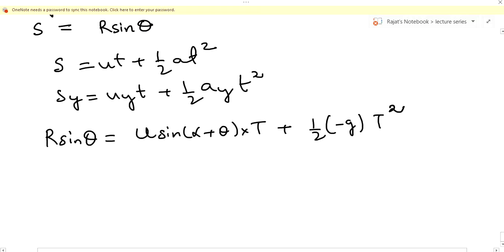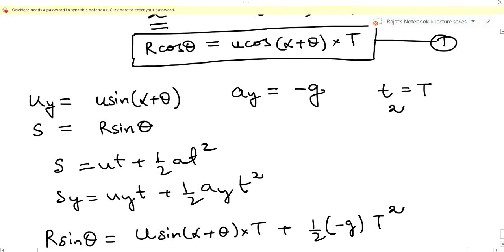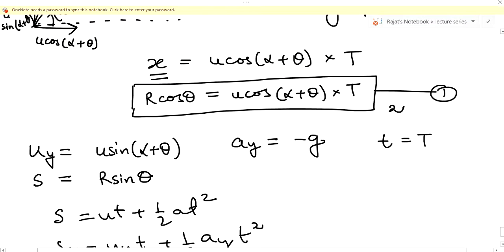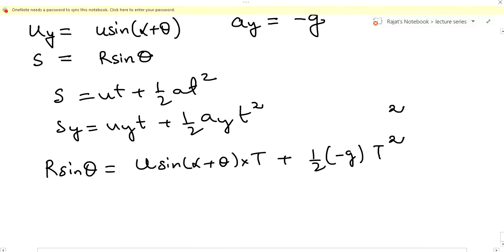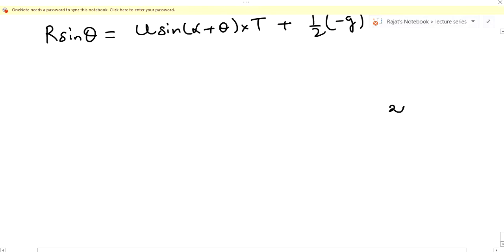Now let me put the value of time from the first equation that we have. From here, time becomes r cos theta upon u cos(alpha plus theta). So let me put it here.